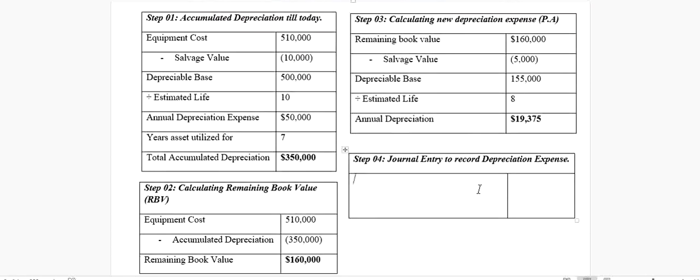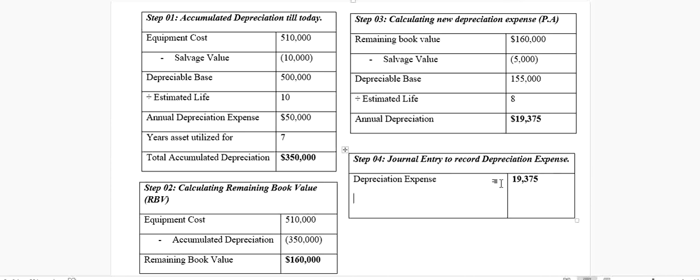So if I record a depreciation expense, what would be the entry for that? Very simple. Because depreciation is an expense, and an increase in expense is a debit, we will debit it by $19,375.